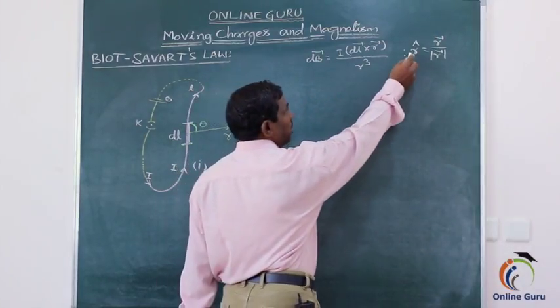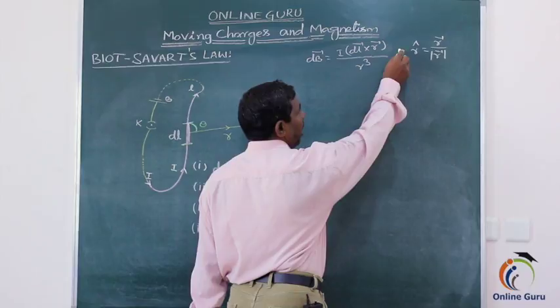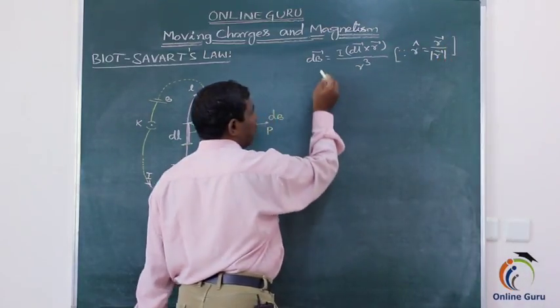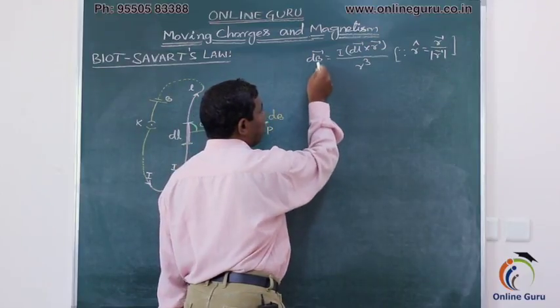Due to the value of r cap, we get the vector notation for the magnetic induction in the CGS system.